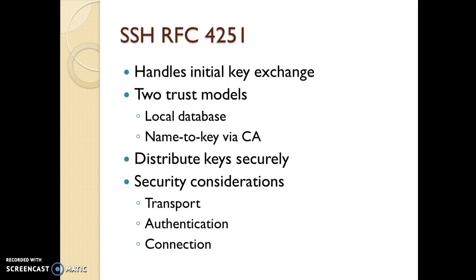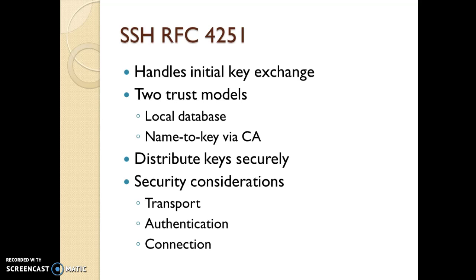So the first document, RFC 4251, essentially discusses how to handle the key exchange. It talks about trust models. There's a local database and then a name to key via certificate authority. The local database is really not recommended because the key management becomes too cumbersome, as opposed to the name to key with the certificate authority, where a public key is used that has been generated, that has been verified by a certificate authority.